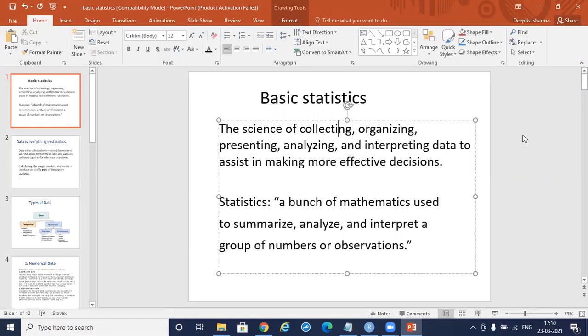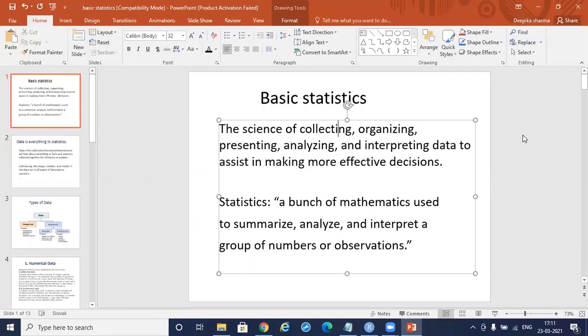So with the help of statistics, we collect the data, organize it, present it, summarize it, and analyze it, and interpret it to understand what the data is speaking to us. That complete interpretation is based on a group of numbers and observations.